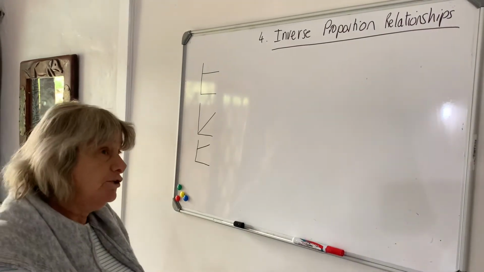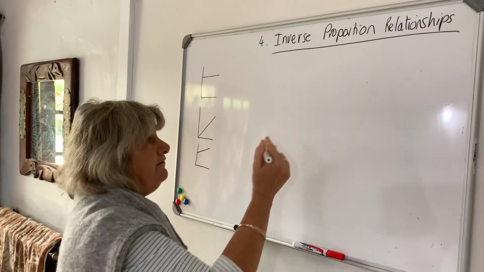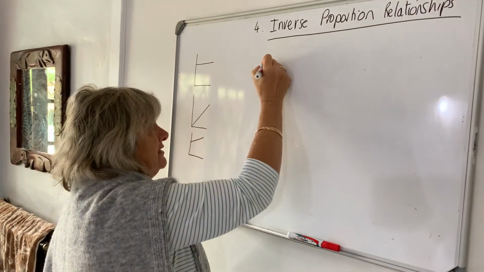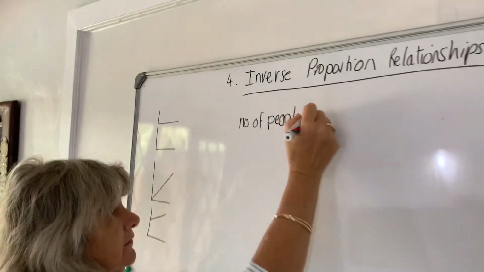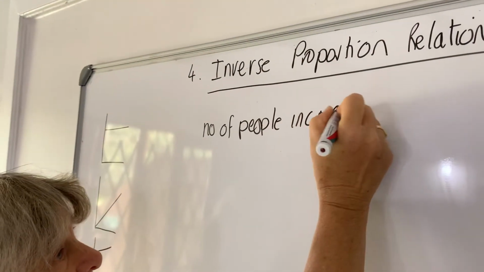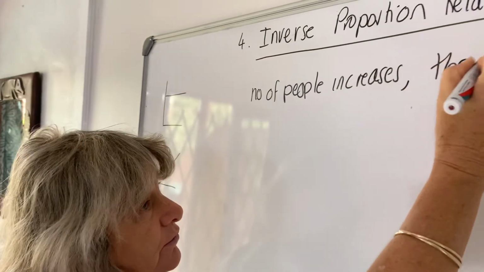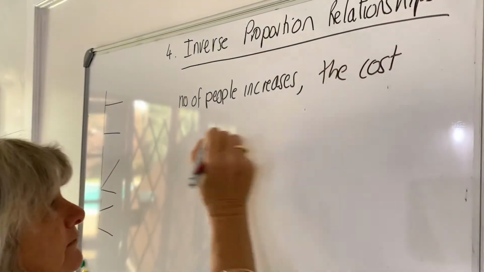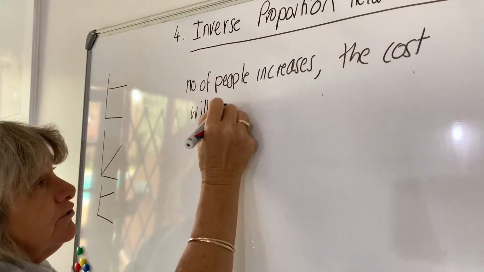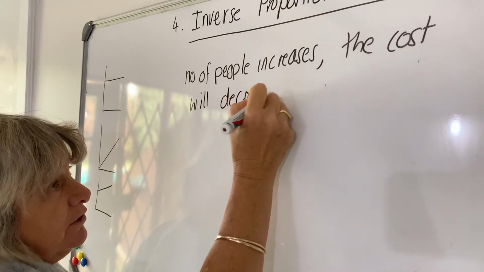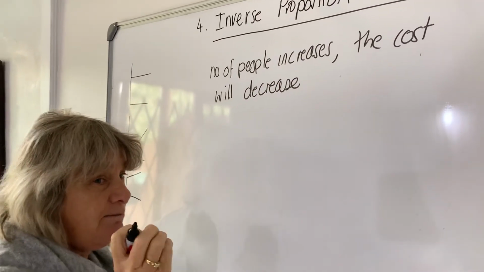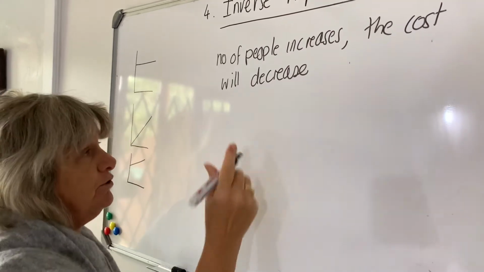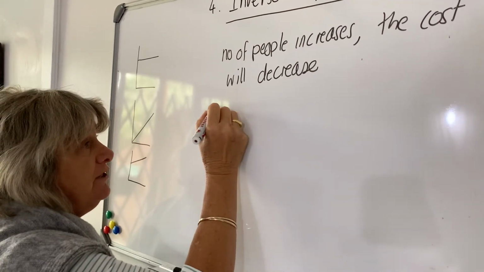So in inverse proportion, as the one variable increases, so as the number of people increases, the cost would decrease. So when you have a situation where the one variable is increasing and the other decreases, you can immediately think about inverse proportion. So let's have a look at the table.